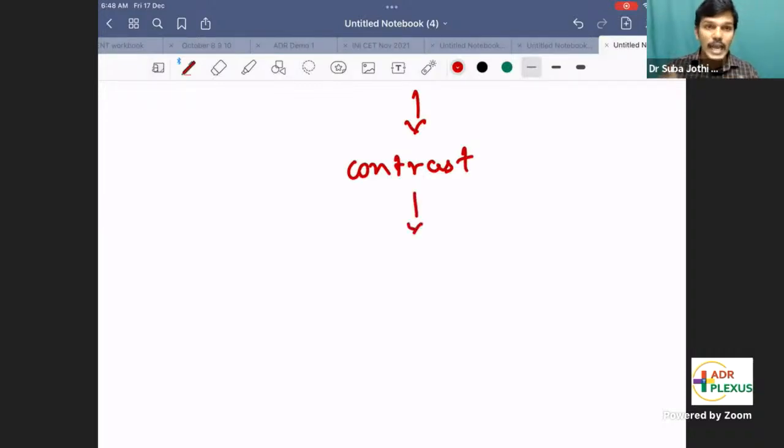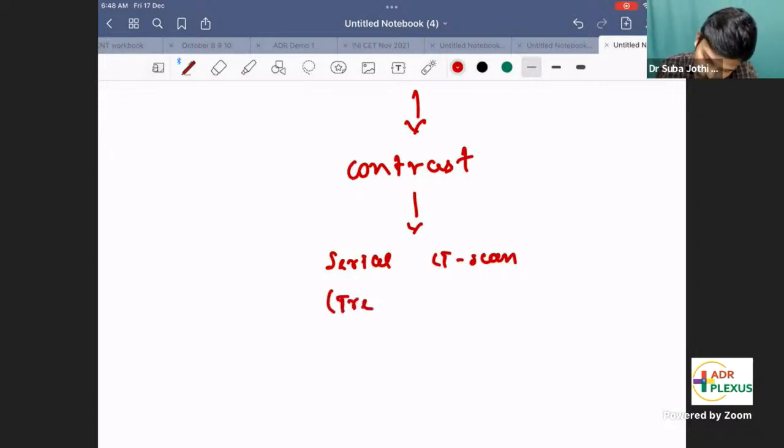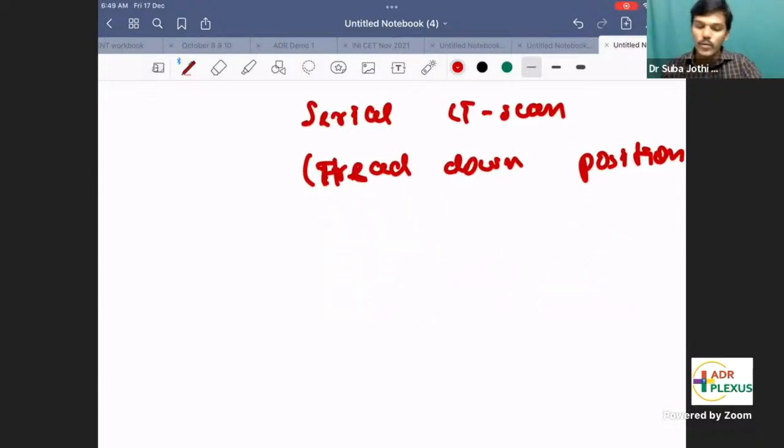Now I hand over the case to the radiologist. The radiologist should do serial CT scans in head up, head down position. Why? Let me tell you how.